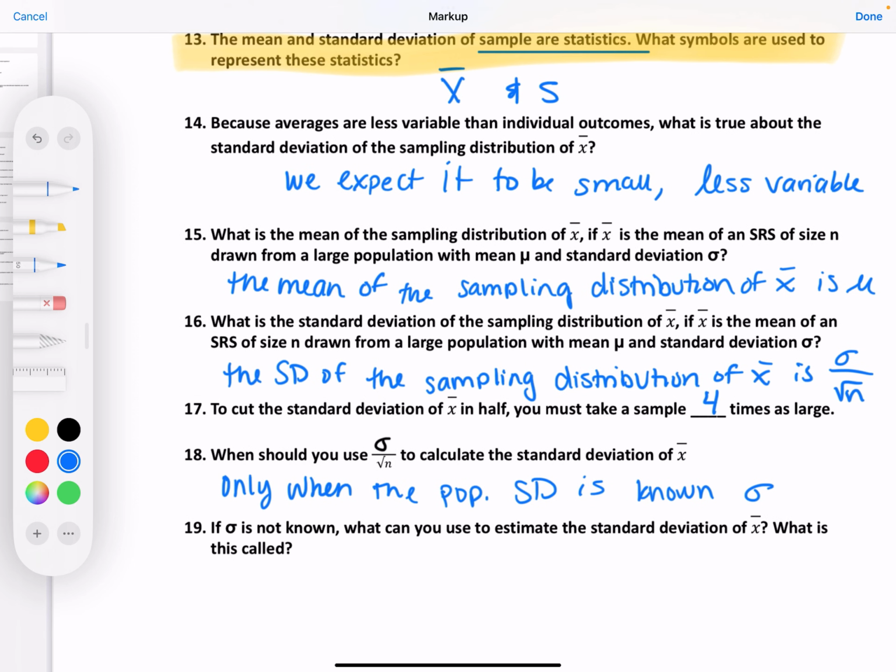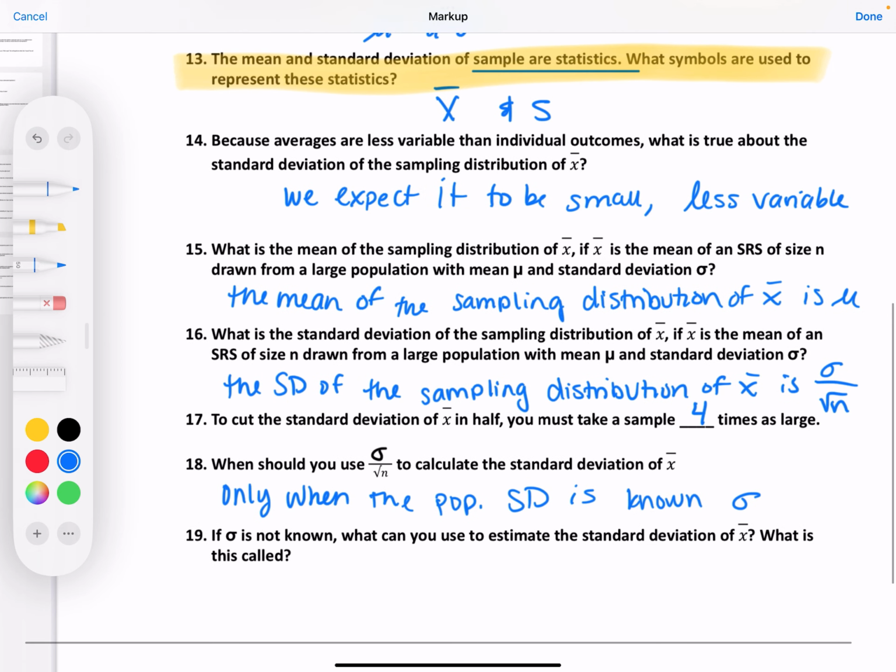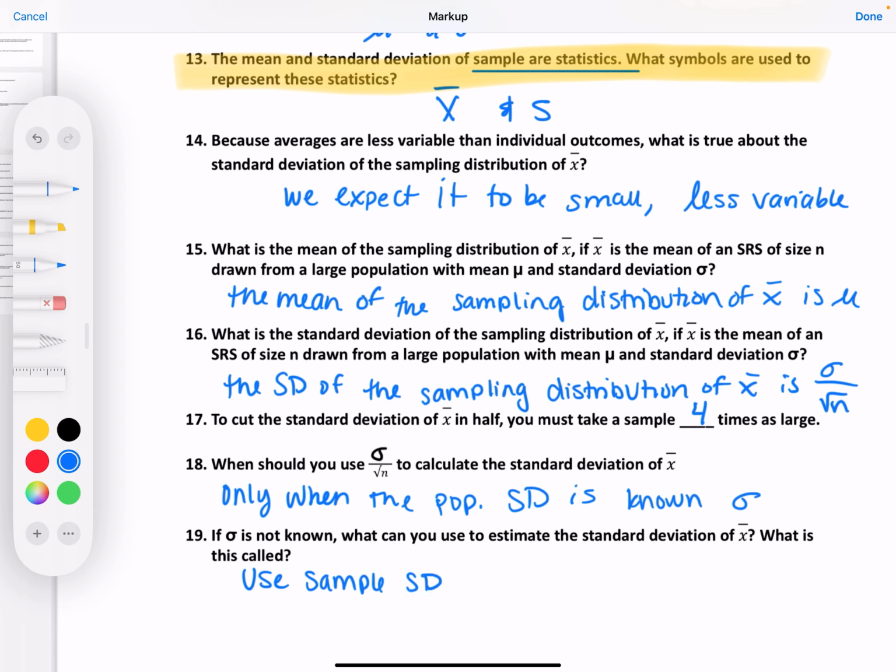If sigma is not known, what can you use to estimate the standard deviation of X bar? And what is this called? So we use sample standard deviation when sigma is not known.